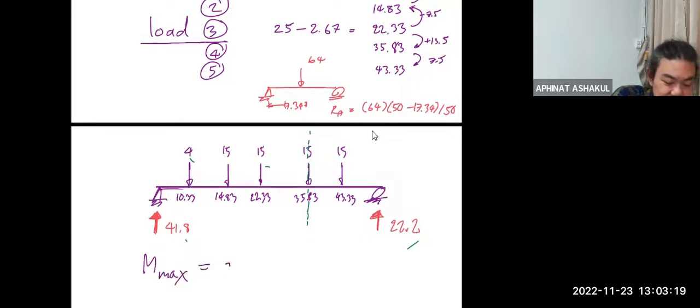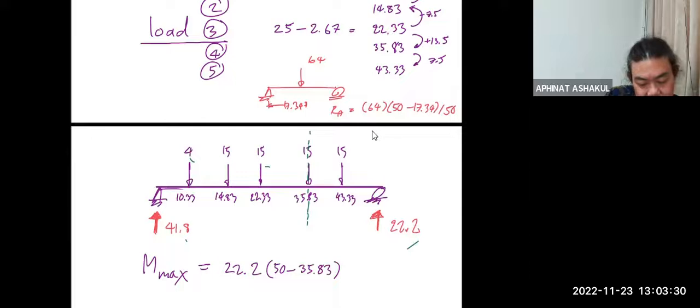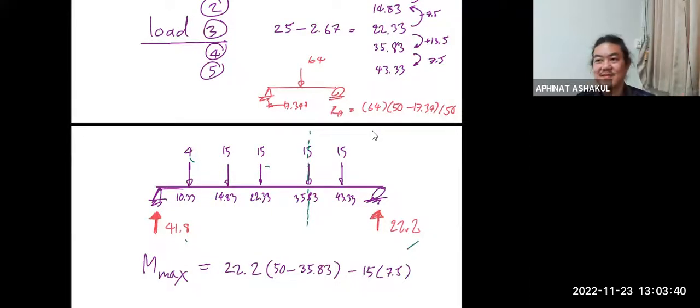Okay. So now we know where the maximum moment is, right? And I saw it before that, so I know perhaps doing it from the right is easier. So now you have no effects. 22.2 multiplied by 50 minus 35.83, then minus 15 multiplied by the distance, which is 7.5. It should be equal to whatever you do from the left. Let's hope so.